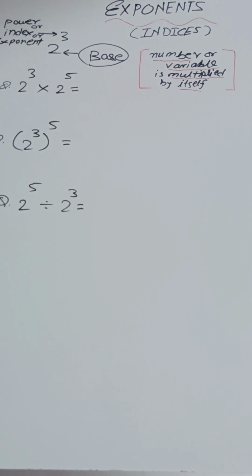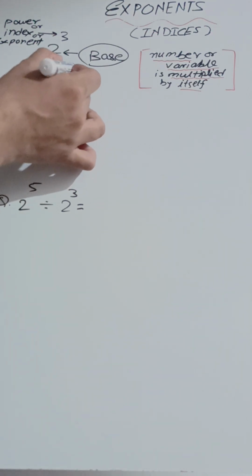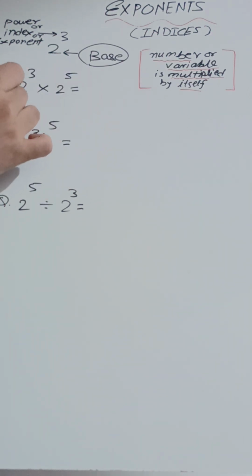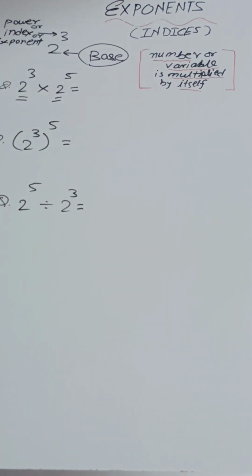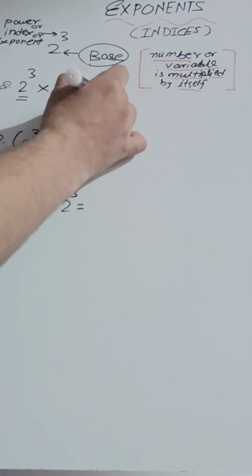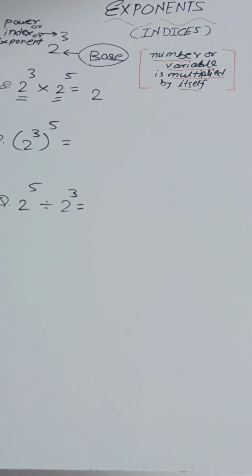Now let us see the simple example of how you can solve the questions in exponents or indices. Now let us see the first one, 2 raised to power 3 into 2 raised to power 5. Here the base is the same, 2, and again here the base is 2. So if the base is same, you can add the powers by writing the base 2 once.